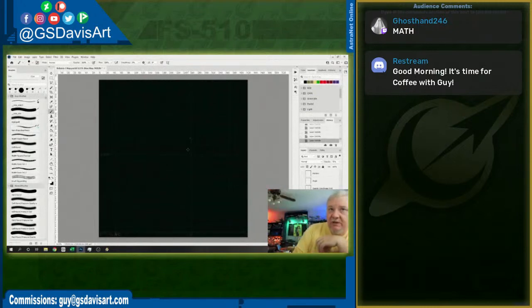I'm only presuming that this bottom part is the bottom of the Cartesian grid. 0.1 and Y plus 149.9. And if we look over here at the math, that is not the numbers I've got.